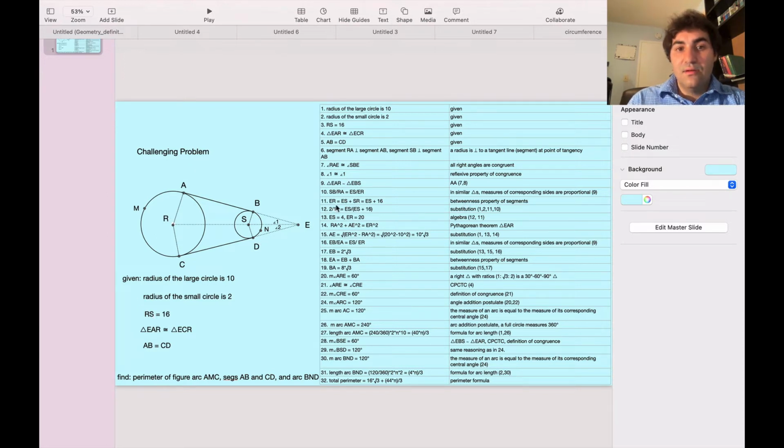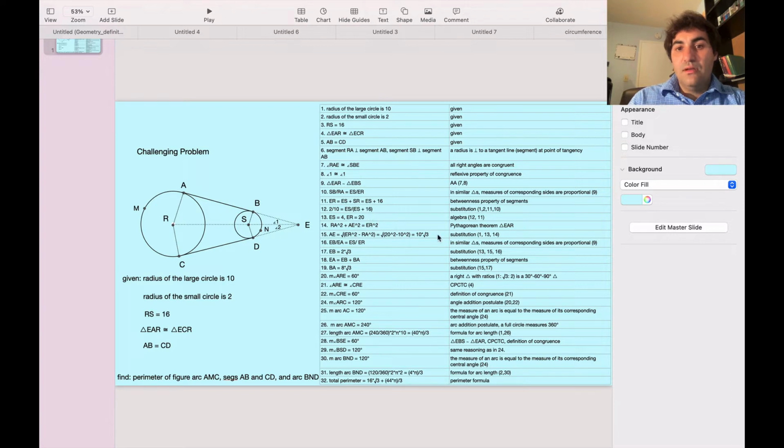If we plug in that RA equals 10 and SB equals 2, we get 2 over 10 equals ES divided by ES plus 16. If we solve this, we get ES is equal to 4, and if we plug that back into 11, we get ER is equal to 20. So we found these lengths.